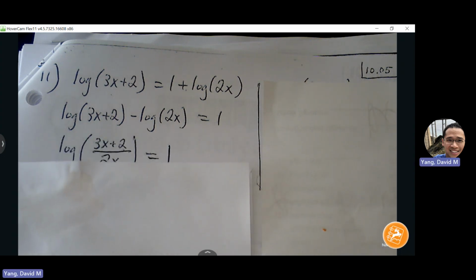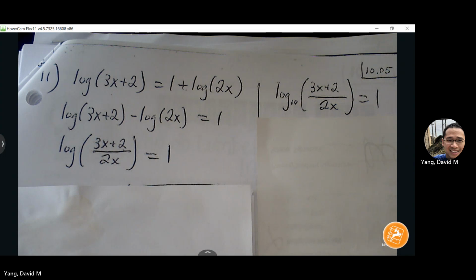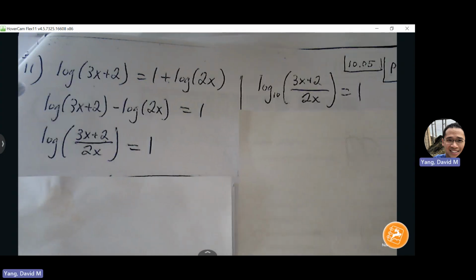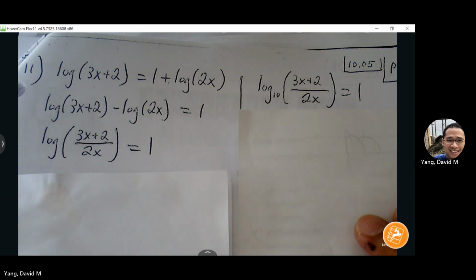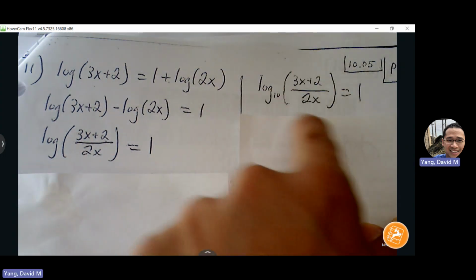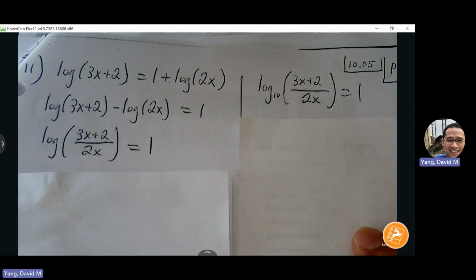Okay, quotient property. Log base 10. In this case, we are going to get it into exponential form so that we can get this x easier to work with here.